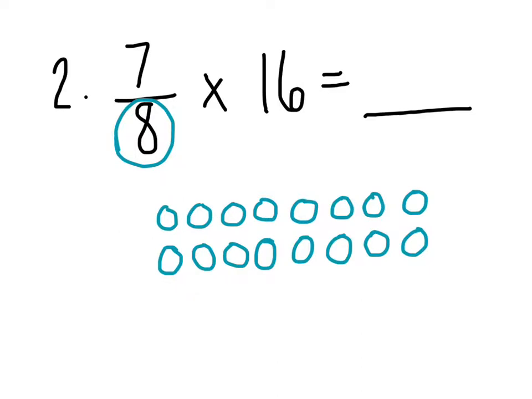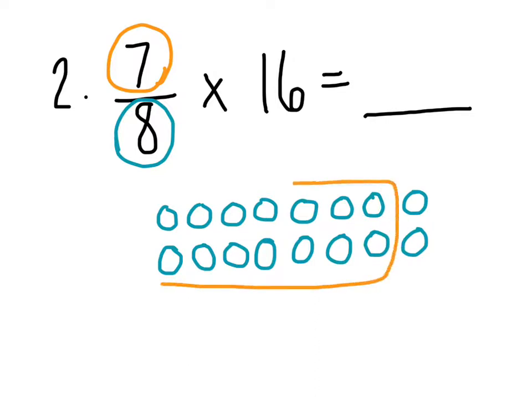And in order to solve this problem, we simply need to look at our numerator, which is 7, and circle 7 rows, or 7 of our groups. So if we count 1, 2, 3, 4, 5, 6, 7, we circle all of these.